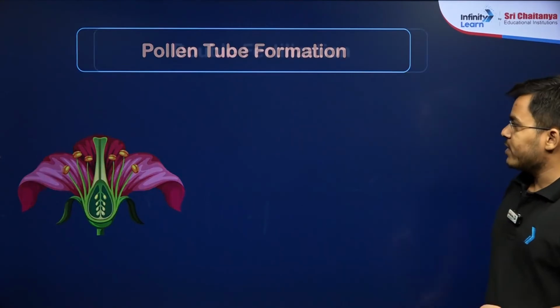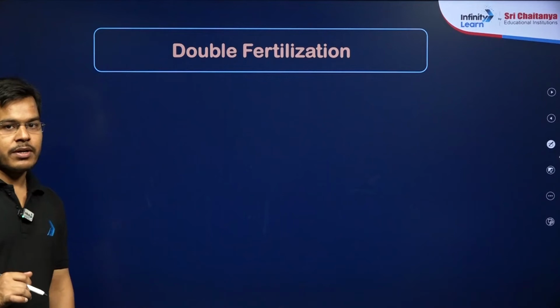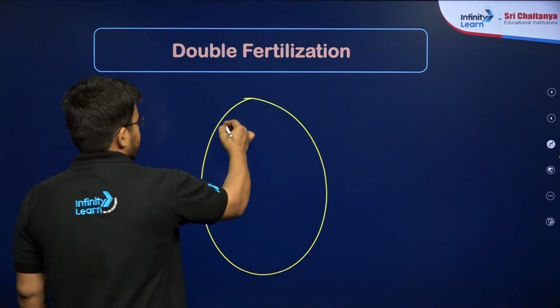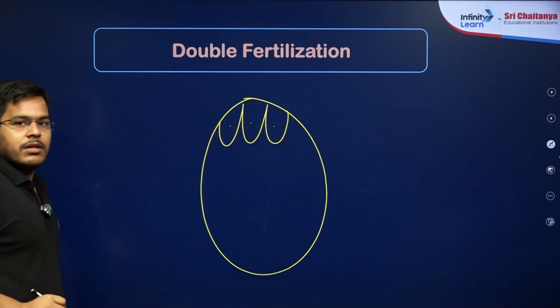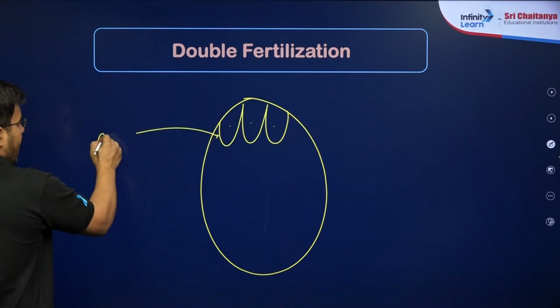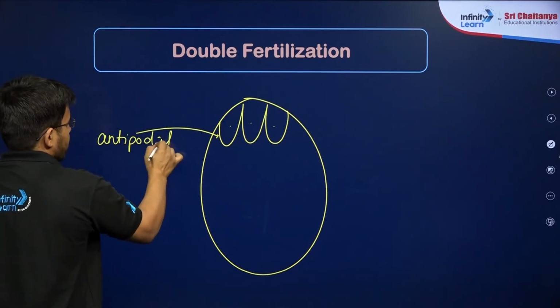Now what happens at this particular portion is where the double fertilization occurs. The embryo sac will look somewhat like this. This is the upper portion of the embryo sac, where the three antipodal cells are present.